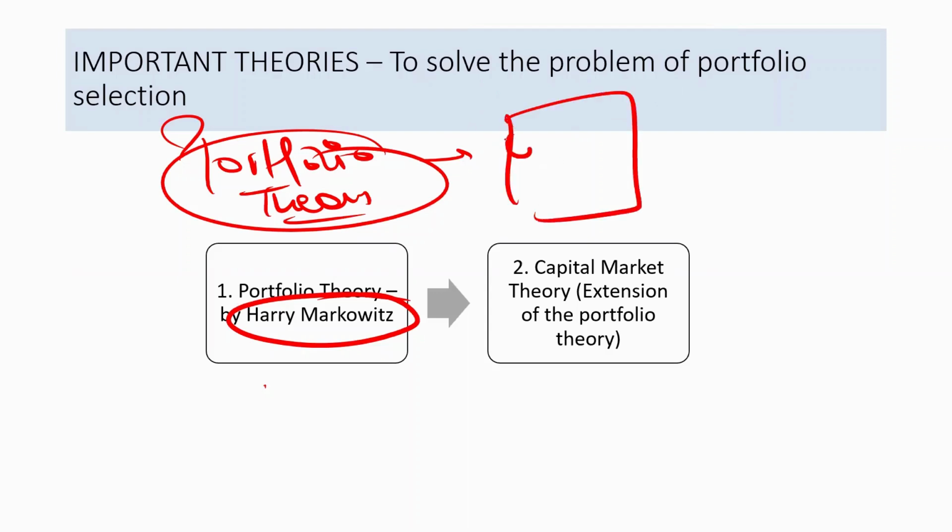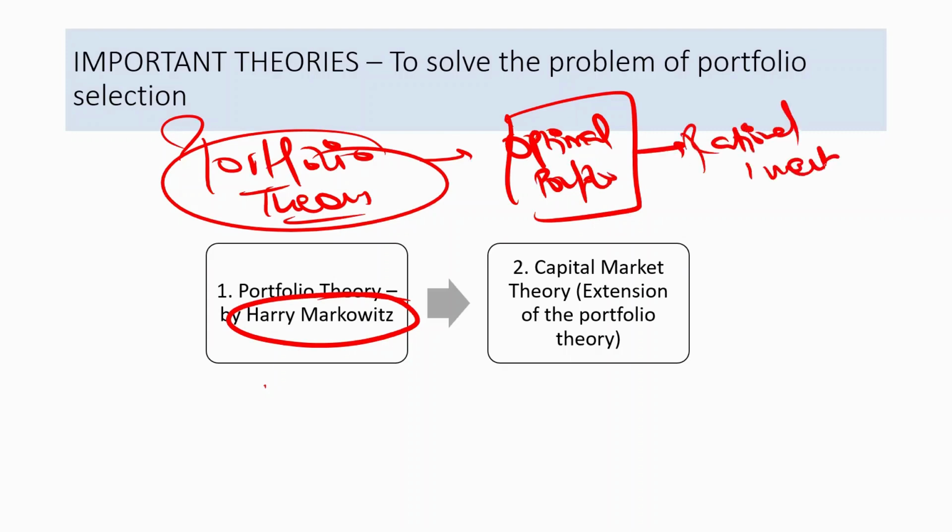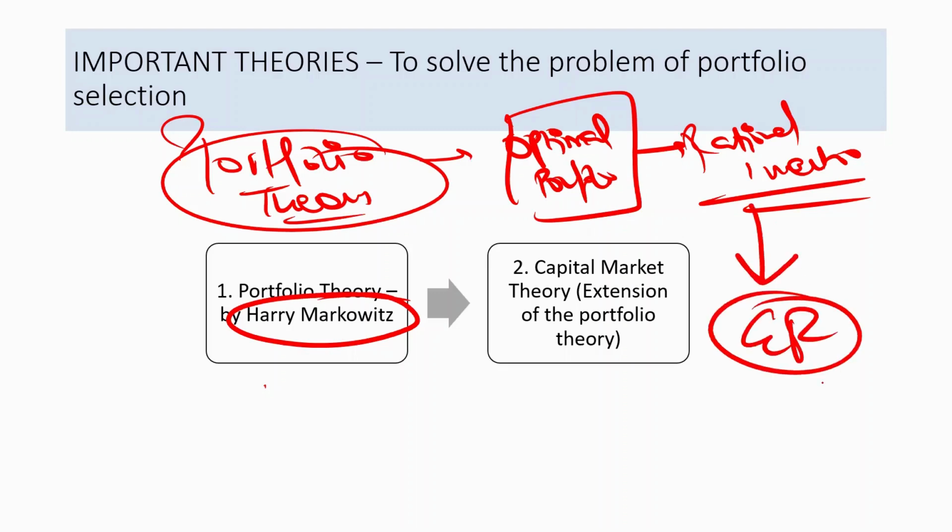I have to select the optimal portfolio for my rational investor. And how am I going to do that? I am going to do that through expected return and risk, or can I call it variance?